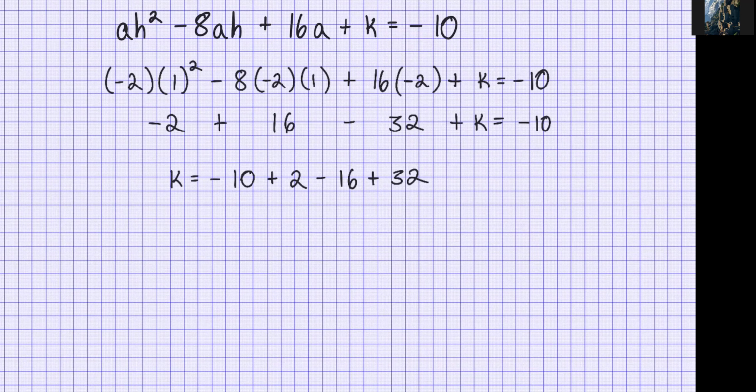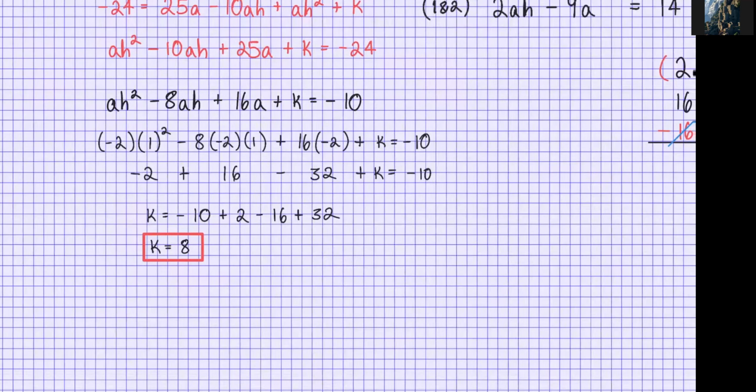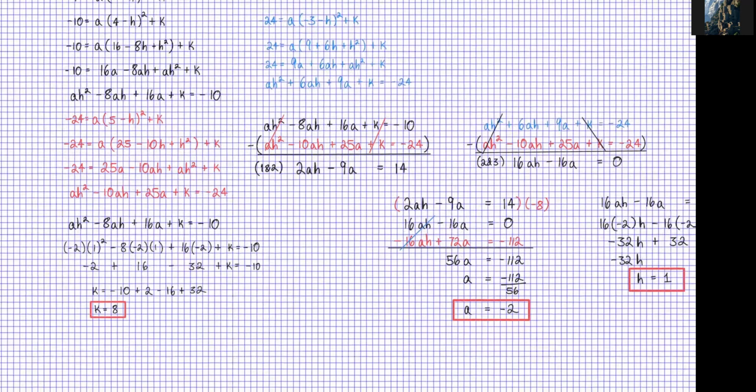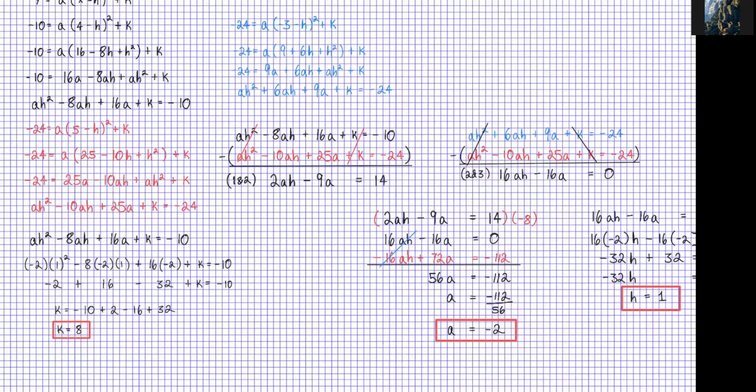So from here it is just a matter of doing the operation. This will be negative 8, negative 16, negative 24 plus 32 will be 8. So k is 8. Now you see, I have my 3 values. I have the value for k, I have the value for a, and I have the value for h.